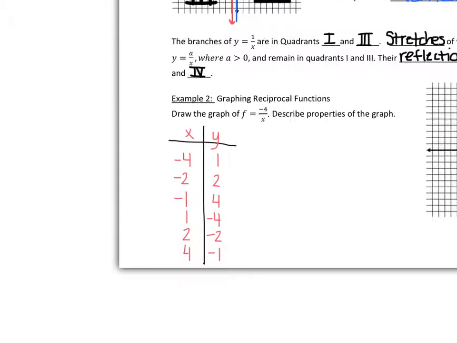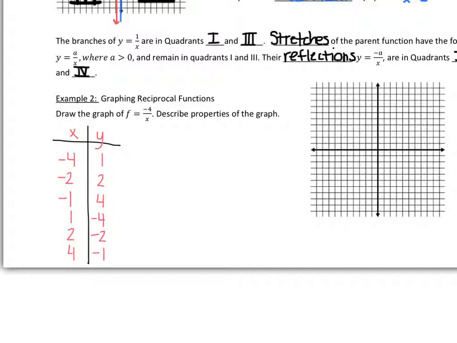Okay, let's go ahead and graph those. Remember, they make curved branches, which is why sometimes it's better to... You graphing back there?